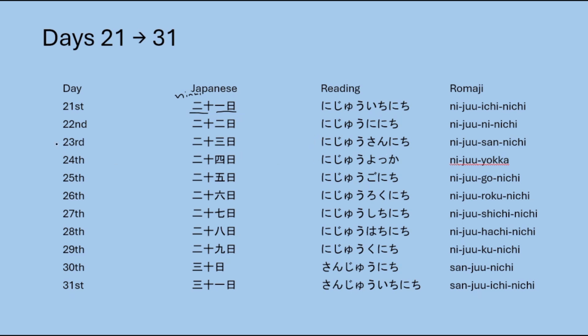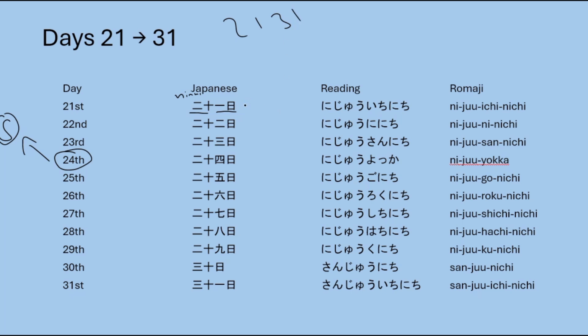As you can see, this is a special word which doesn't follow the rules. Niju go Nichi. Niju Roku Nichi. Niju Shichi Nichi. Niju Hachi Nichi. Niju Ku Nichi. Sanju Nichi. So these are the days from 21 to 31.